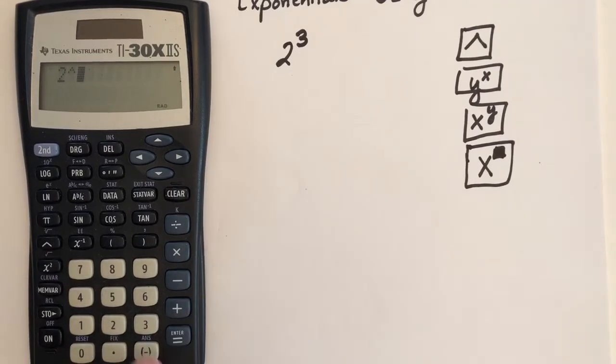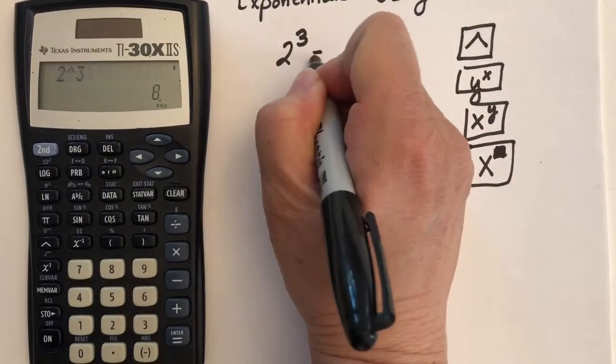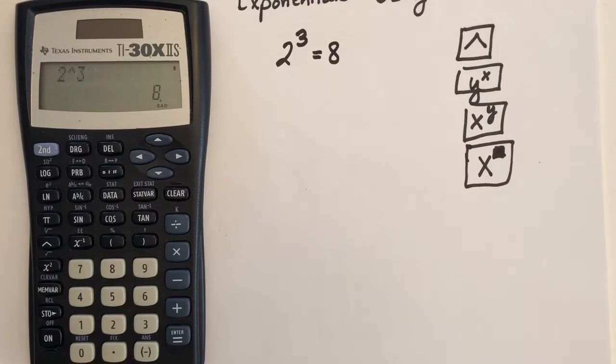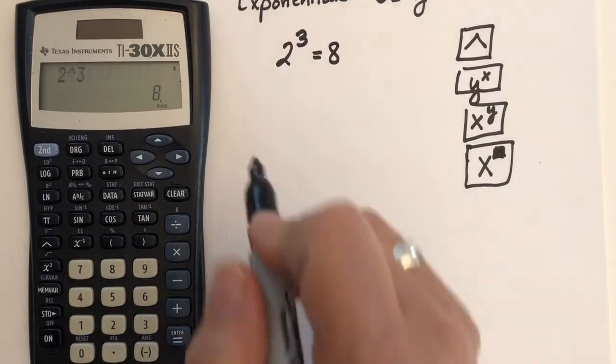Then I'm going to punch in the 3 and press enter, and you can see that we got 8. I chose that one because you would expect the answer to be 8. If you don't get an 8, then something is incorrect about the way you punched it in your calculator. So we're going to evaluate some expressions and present our answer to 3 decimal places. Let's jump in.